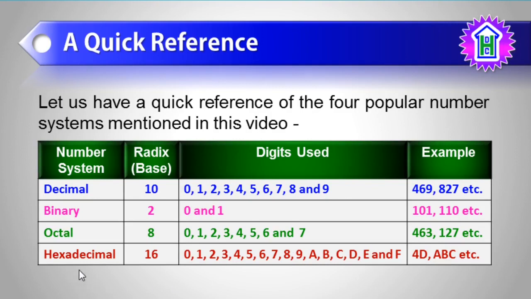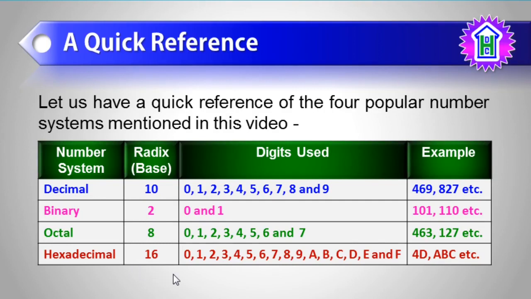Fourth number system we are going to discuss is hexadecimal. Deca stands for 10, and hexagon is 6 sides. So hexadecimal means 10 plus 6, 16 base.